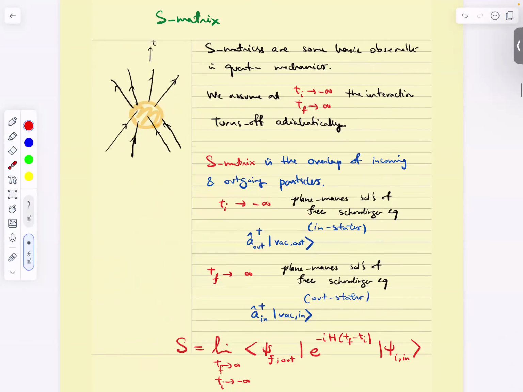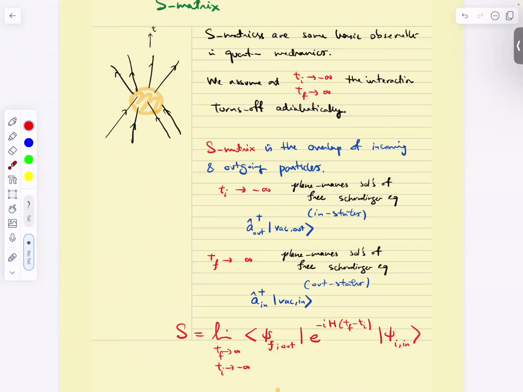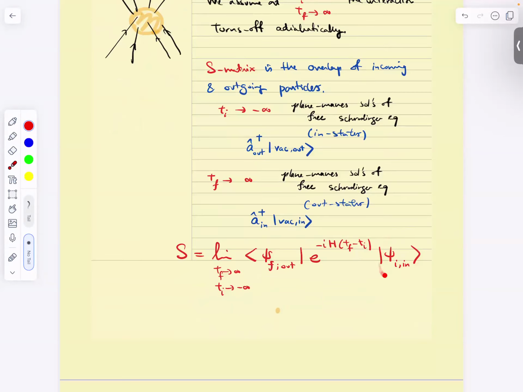All right, so what is the S matrix? It's the overlap of incoming and outgoing. These are plane waves. They're solutions of the free Schrodinger equation. If you want to think of the canonical quantization, the free particle out has A out, A dagger out, and then the free particle in has A in and A dagger in. So you take some psi initial in. That's saying that instead of a plane wave, take an initial wave packet.